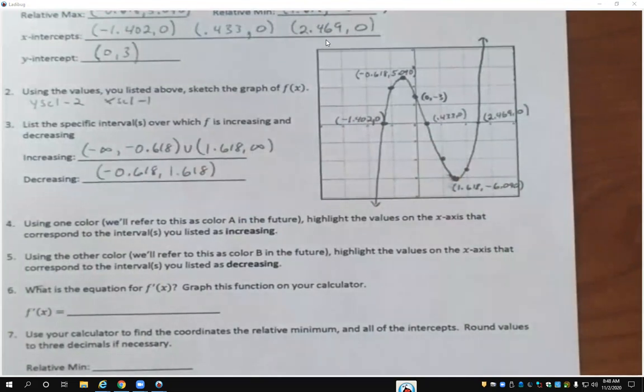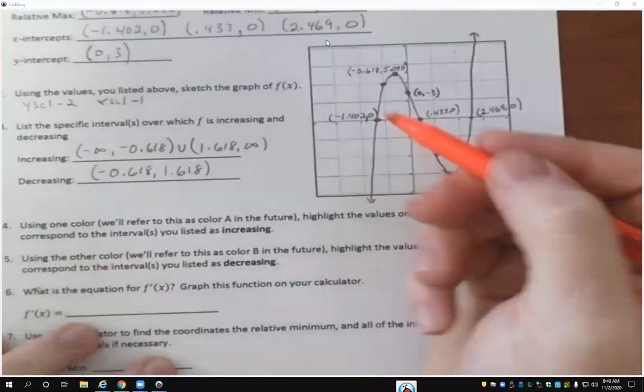All right, any questions on increasing, decreasing? You remember that from pre-calc, hopefully. The color thing here helps a little bit, but it's not an end-all if you don't have different colors. Using one color, we'll refer to this as color A, highlight the values on the x-axis that correspond to the intervals you listed as increasing.